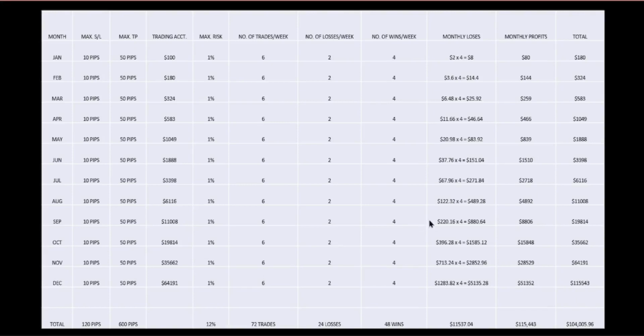Guys, think about it. In just 12 months, from $100 to over $100,000. Think about it, guys. This is the power of compounding. All right.